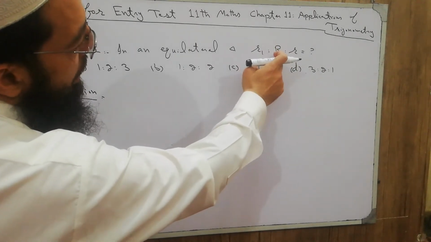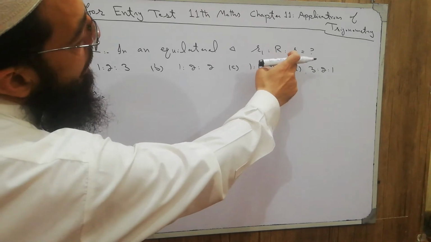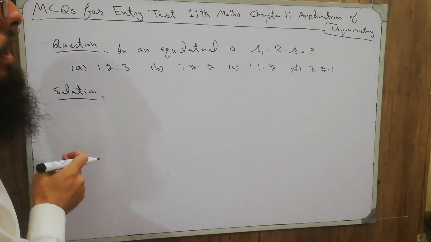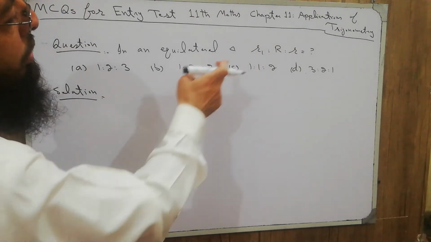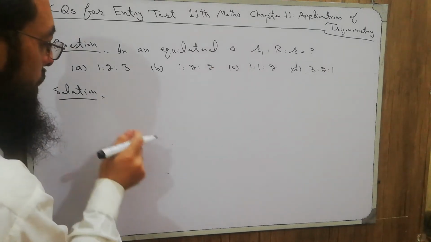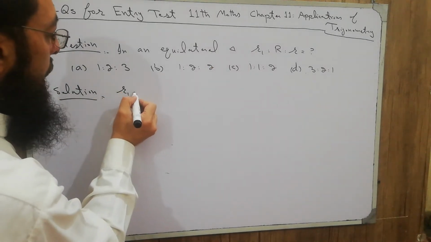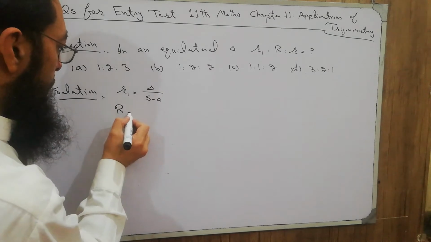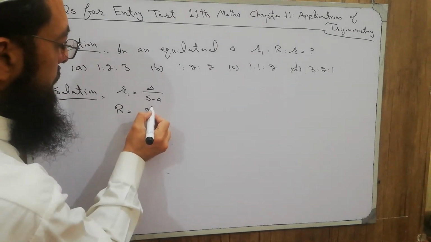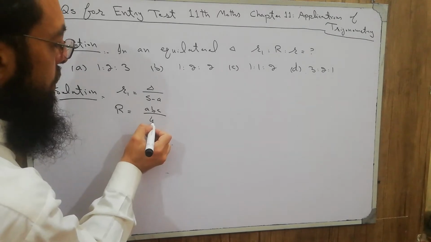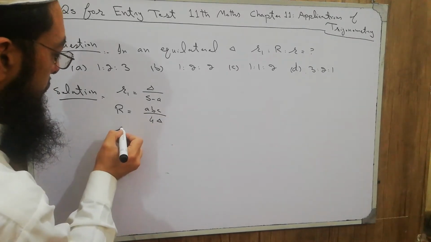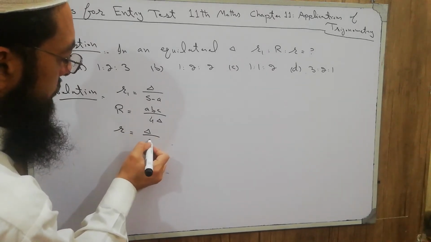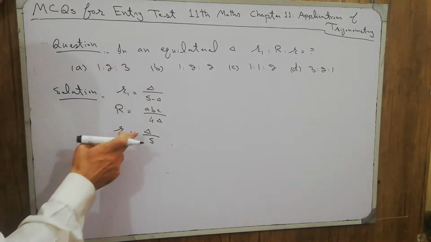We know that capital R is the radius of the circumcircle, small r is the radius of the incircle or inscribed circle, and r1 is the radius of the escribed circle opposite to side A. The formula for r1 is del divided by S minus A. The formula of circumradius is ABC divided by 4 into area, and the formula for r is area divided by S. So, first we find the area.